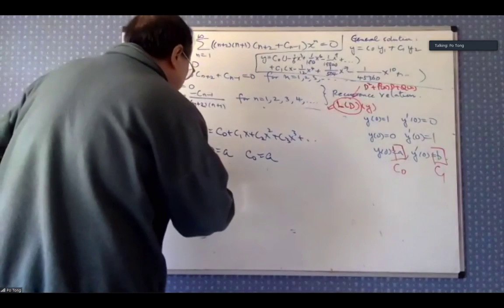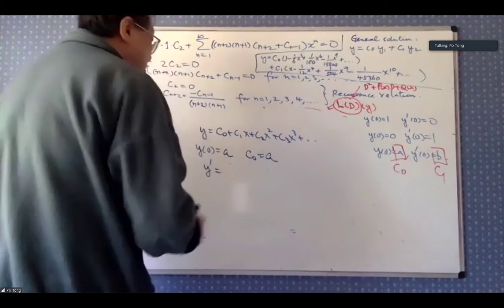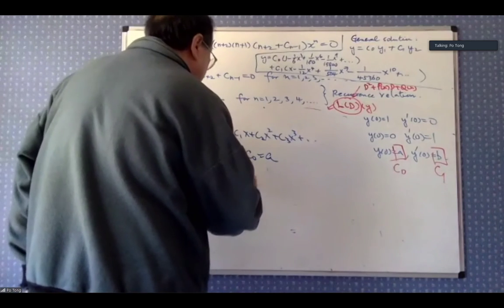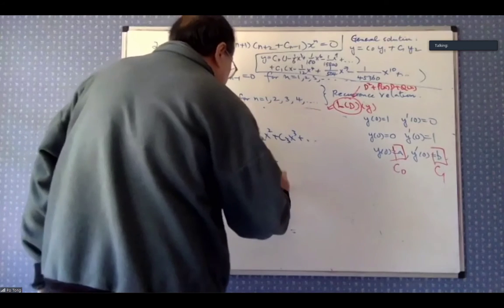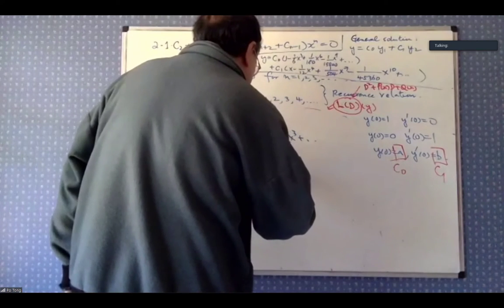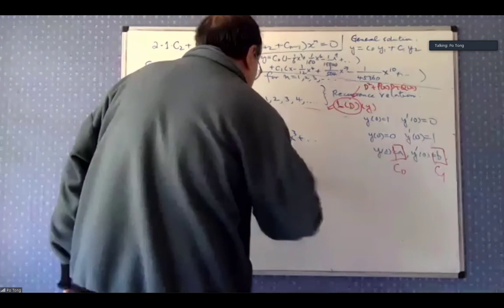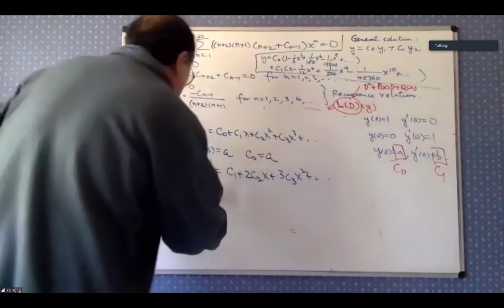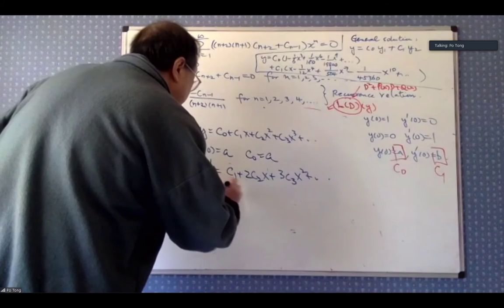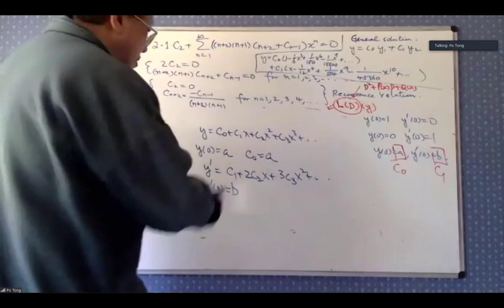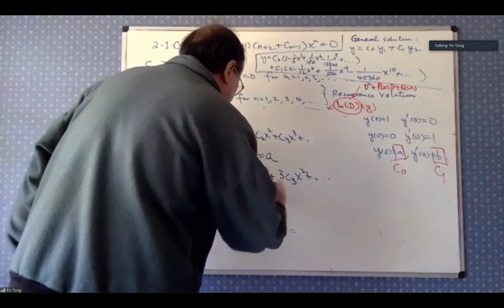How about y prime? Y prime is going to be C1 plus 2C2x plus 3C3x squared and so on. Y prime 0 is equal to b. It's the same as C1 is equal to b.